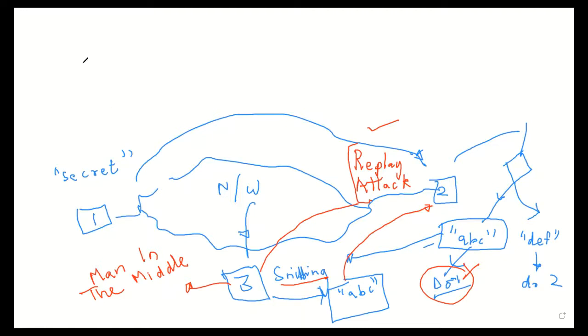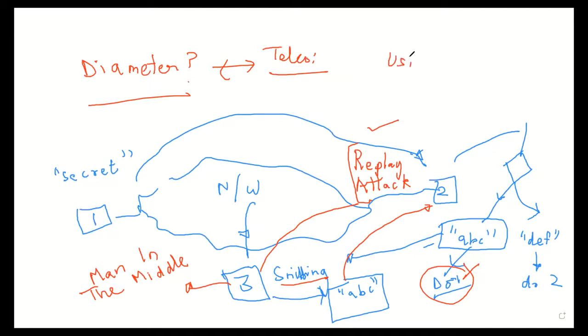All right, so why is this important in the case of Diameter? It's important because in telecom networks, there are other aspects too which we'll cover, but at least one major reason is this. You're using some service, let's say voice or data. A telco is not a charity organization.